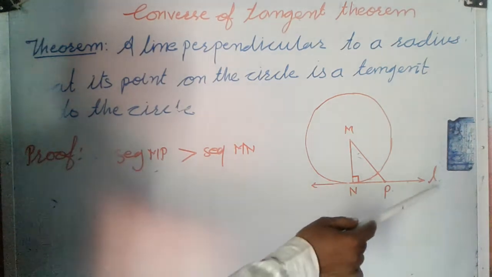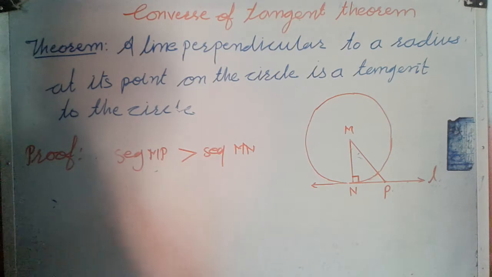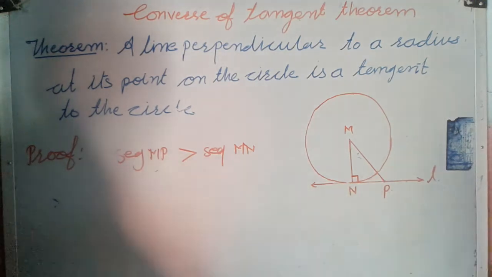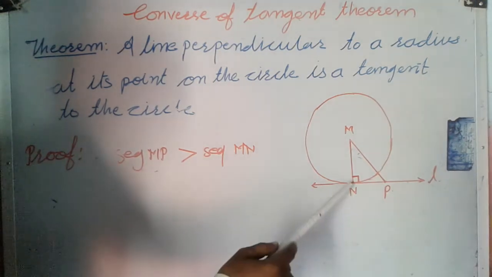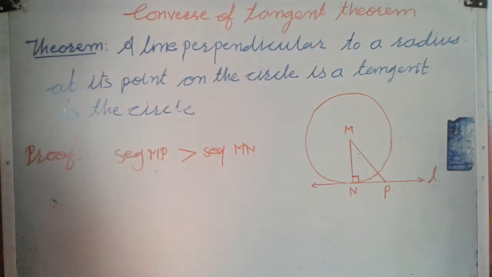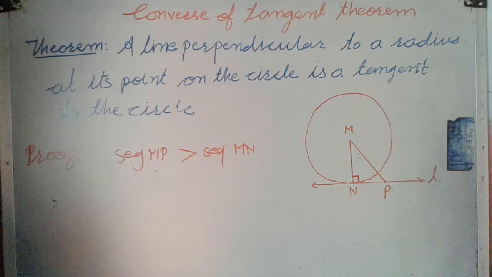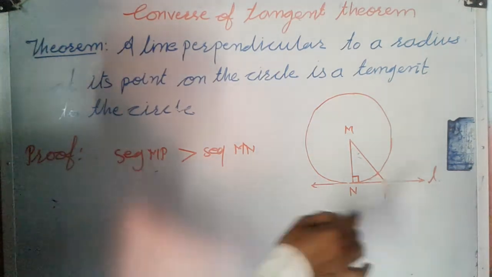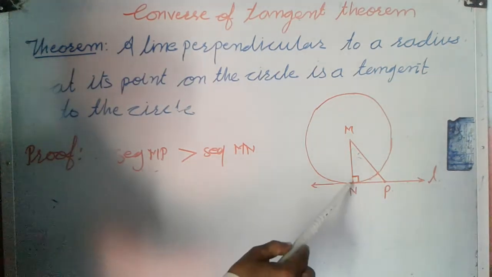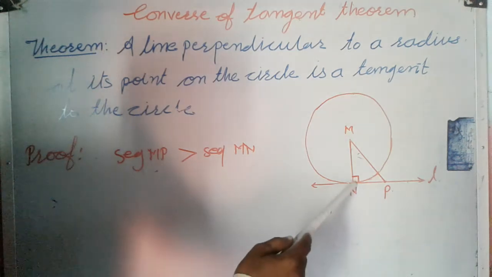On line L, only this point N is on the circle. Therefore, line L intersects the circle in only one point, that means in point N.